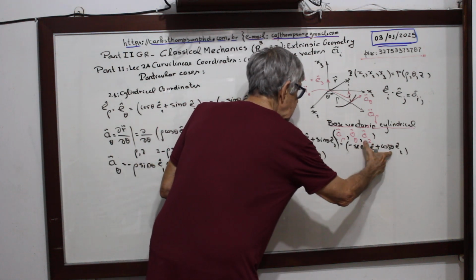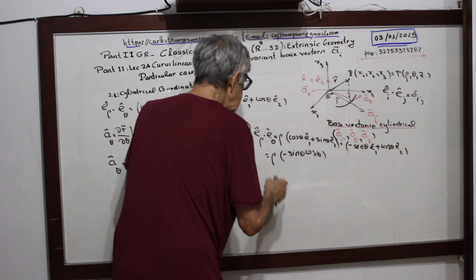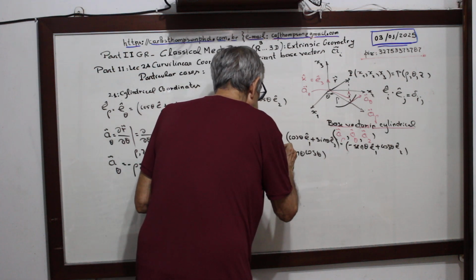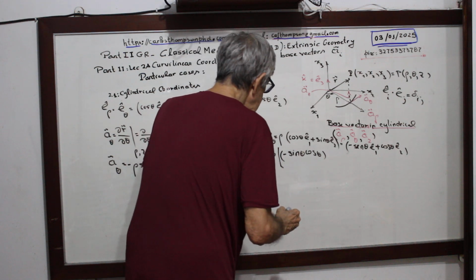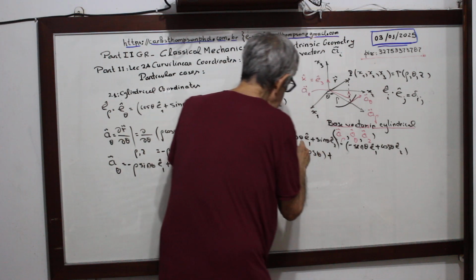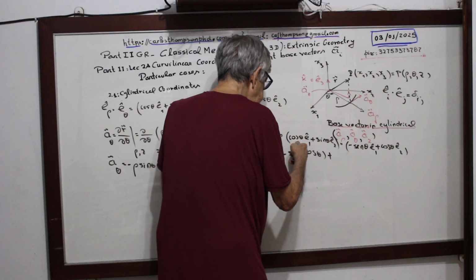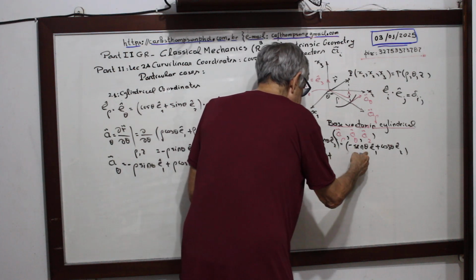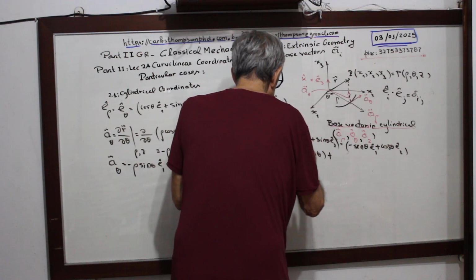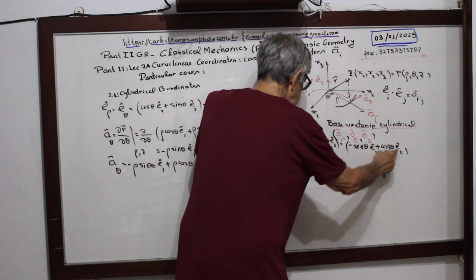So let's take care of this. Again, this dot product, don't forget rho over here. So I'll put plus cosine E1, this will be cosine sine dot this one.